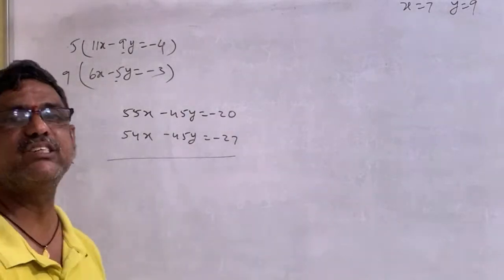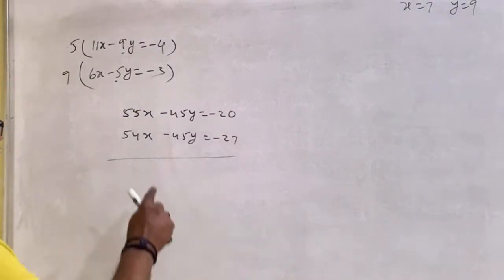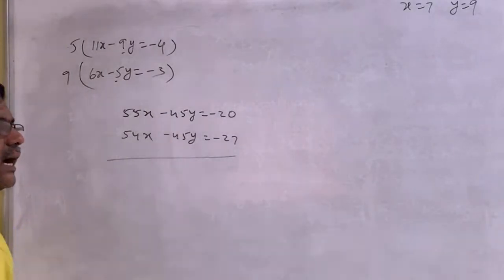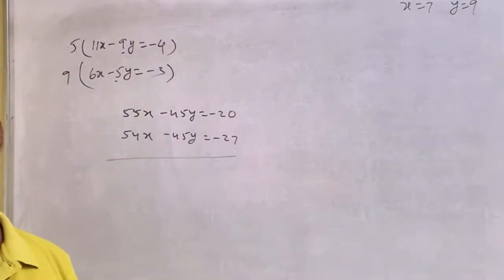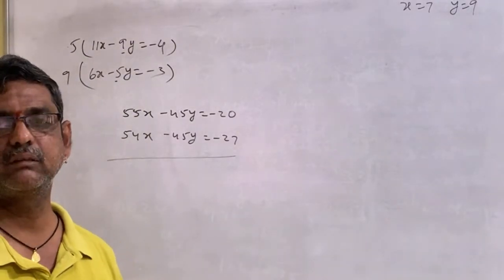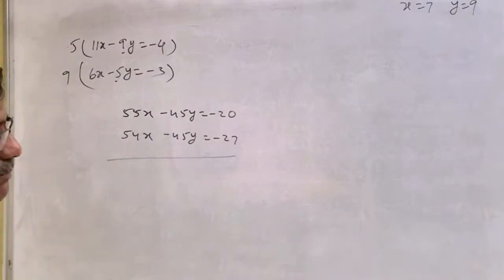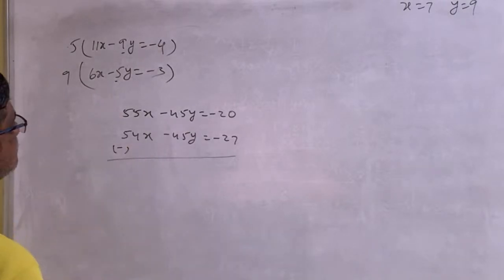Now observe the signs. Both are having the same signs. So if they have the same sign, subtract the equations. 55 minus 54 is 1x.